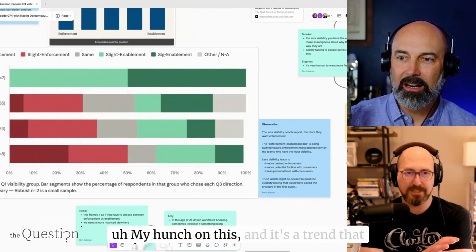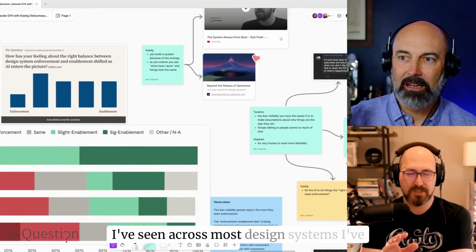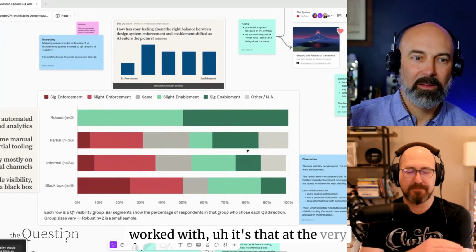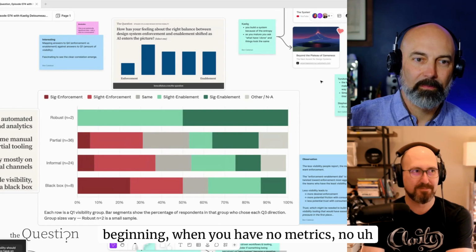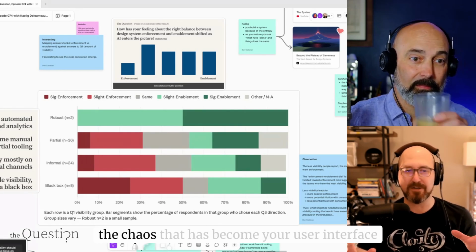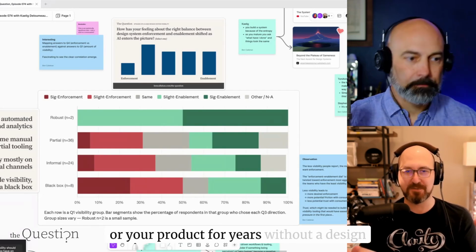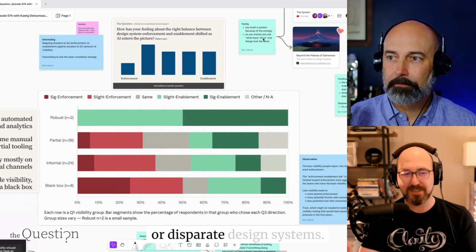My hunch on this, and it's a trend that I've seen across most design system teams I've worked with, is that at the very beginning, when you have no metrics, no adoption even, your goal is to try to tame the chaos that has become your user interface or your product for years without a design system, or disparate design systems.